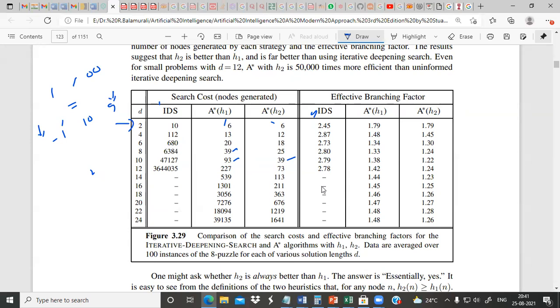Whereas in this case the number of nodes generated is 6, so it is 6 to the power 1 by 3. Like that, when you calculate the effective branching factor for H1 and H2, you see it always stays around 1, so that it is able to solve large problems with less computational cost.